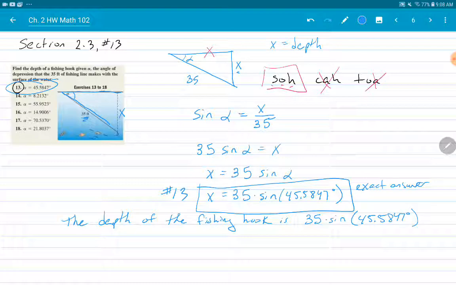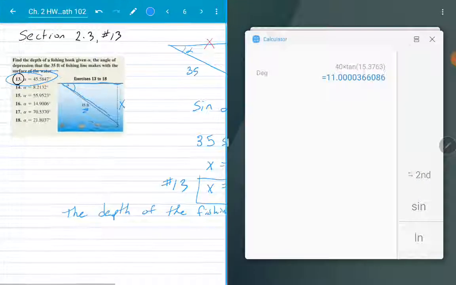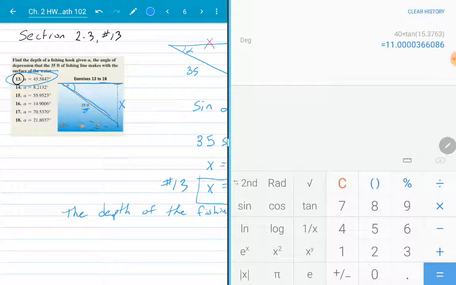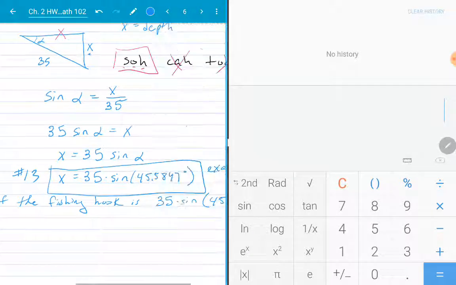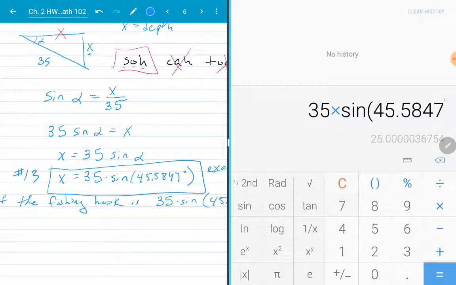And since it's homework and I can use my calculator on homework, I can also find an estimated answer, which is, let's see, we'll need our calculator for that one. So I'll do 35 times sine of 45.5847.